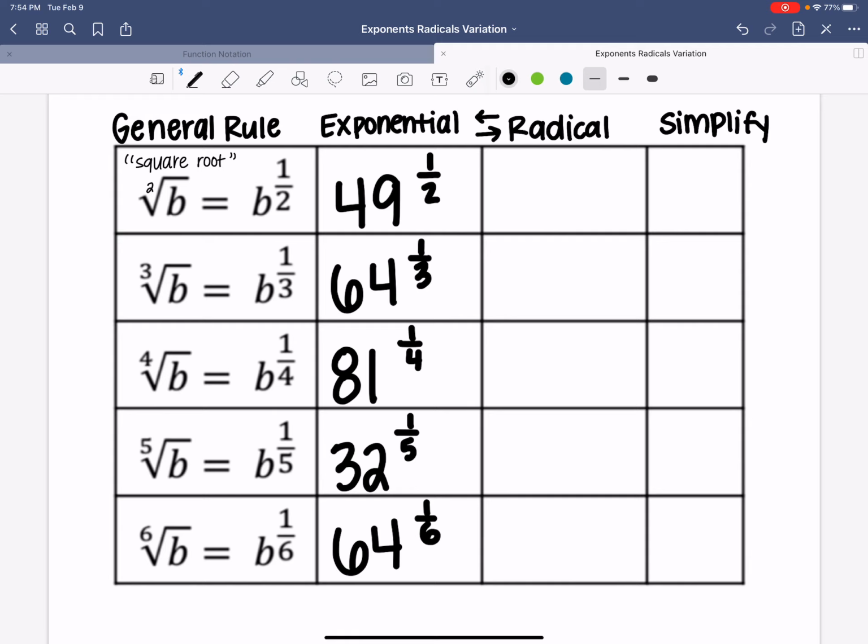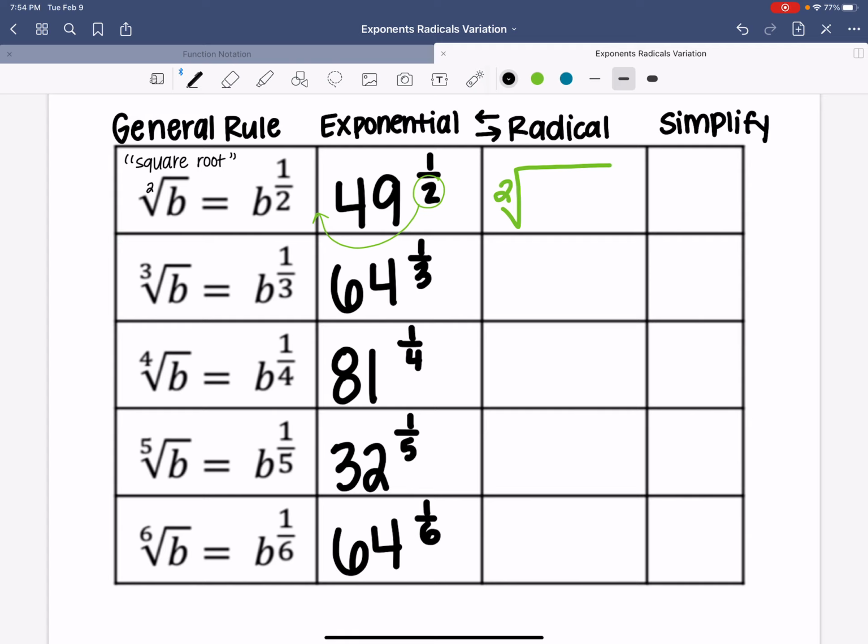All right, so if we were going to convert 49 to the power 1/2, which is called exponential form, into radical form, we're just going to take the denominator and it's going to come in front and we're going to put a radical around it. So that's going to look like 2 with the radical.